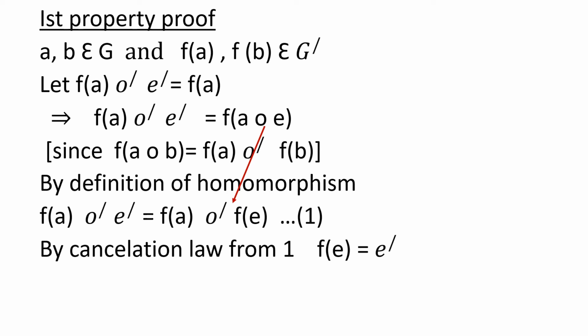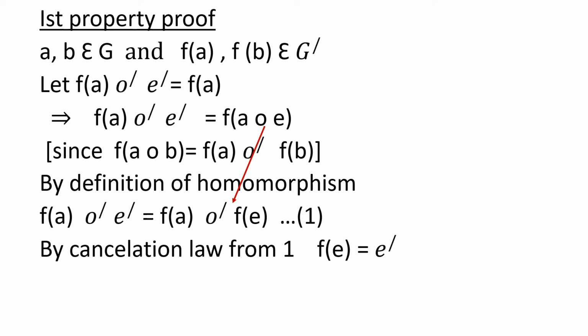We are taking O' because we are taking f(a) only, nothing else. Now because e' is an identity element, if you take the operation, this will be f(a) as such. No change will be there. So f(a) O' e' will be equal to f(a) only.